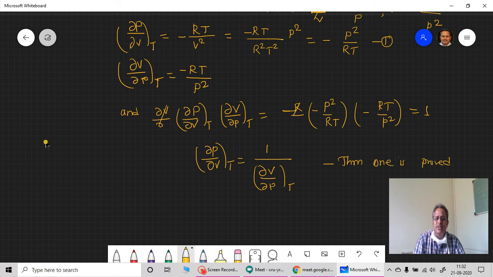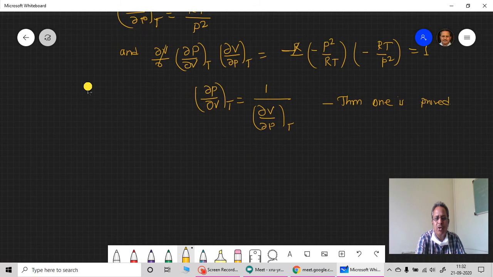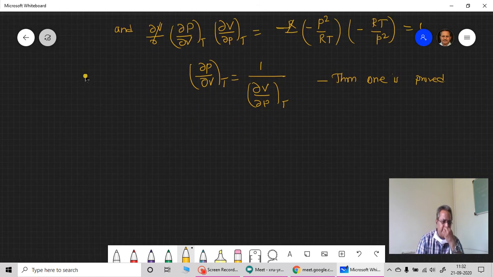And look at this again, see the thermodynamical meaning of this. The first quantity is an isothermal process, and this is also an isothermal process. Rate of change of pressure with respect to volume at constant temperature is equal to 1 upon rate of change of volume with respect to pressure at constant temperature. Here I am changing volume, therefore pressure is changing.